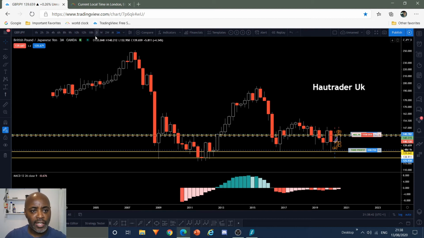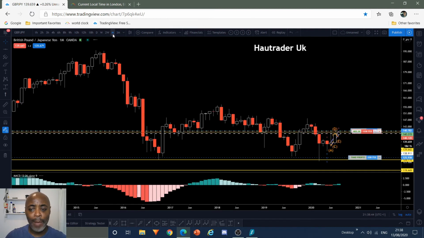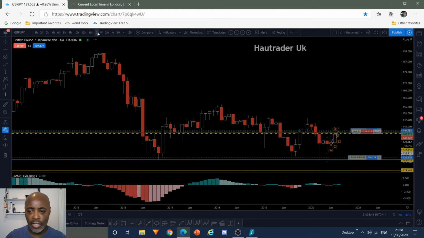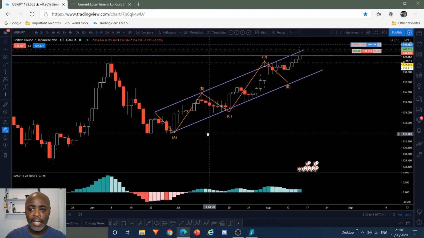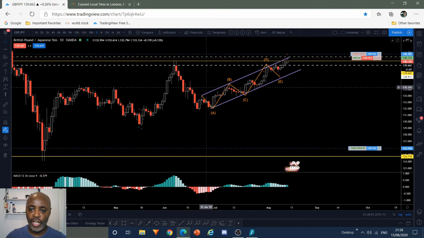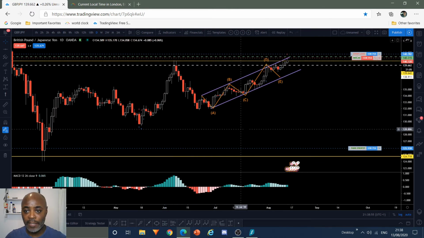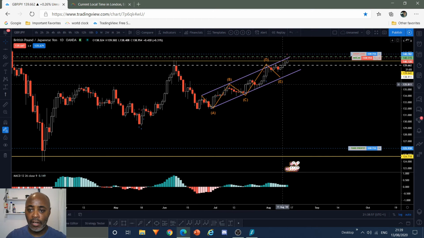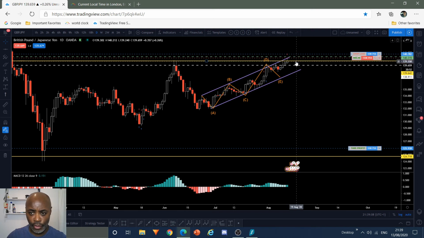So the question is then, what happens from here? Well, back on the 6th of August, if you remember, I showed you this chart and this channel here, and I showed you what I was expecting of this channel. I was expecting price to come up, come down, and potentially at this level take off to the long side again.